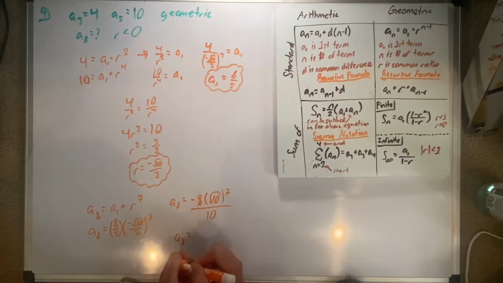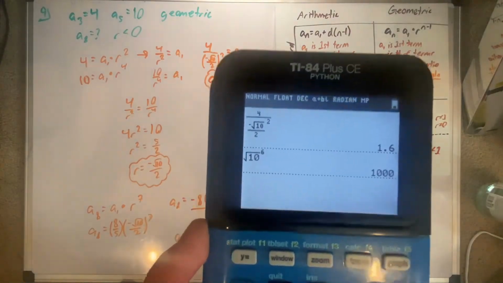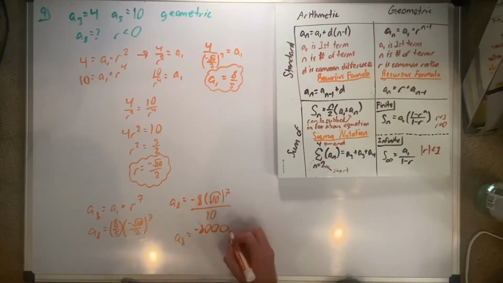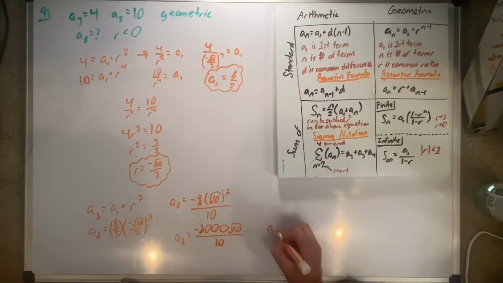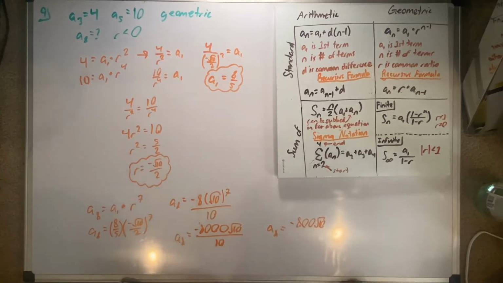So a_8 is equal to, so rad 10 to the 6th power, firstly, is 10 cubed, or 1,000. So it would be negative 8,000 rad 10 over 10. So then a_8 is equal to negative 800 rad 10. And let's write that a bit nicer.